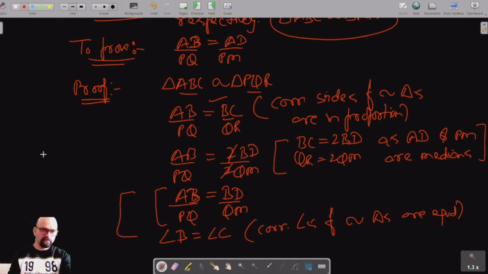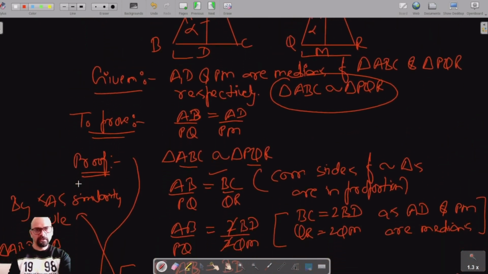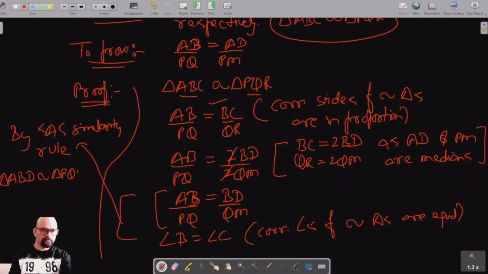So from this, we get by SAS similarity rule, triangle ABD is similar to triangle PQM. And once these triangles are similar, their corresponding sides will be in proportion.